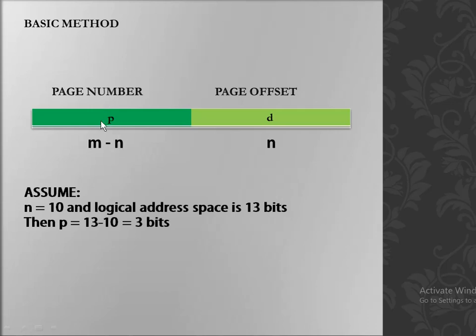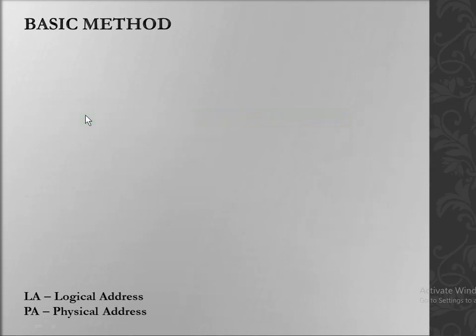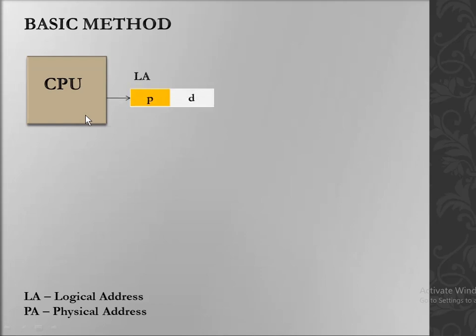So the length of this index P is 13 minus 10, that is 3 bits. What is the length of the page number? It is 3 bits, right? Here your CPU will generate the logical address, a combination of the page number and the page offset.